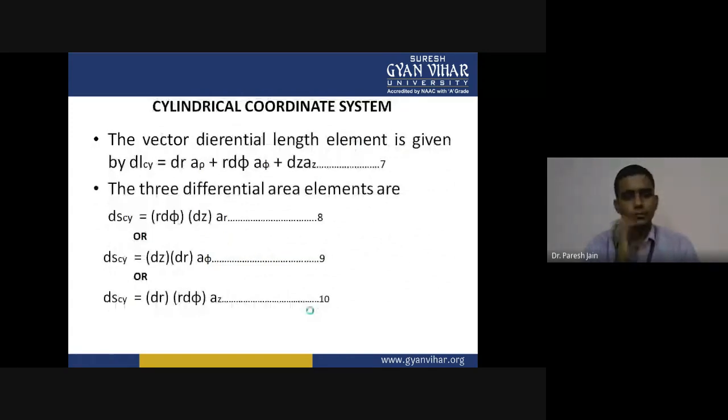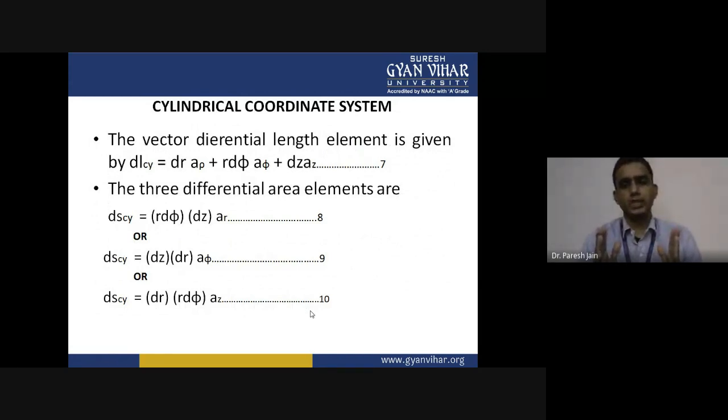Now we have the vector differential length element in the cylindrical coordinate system, through which we are able to find the distance between two points in the cylindrical coordinate system.